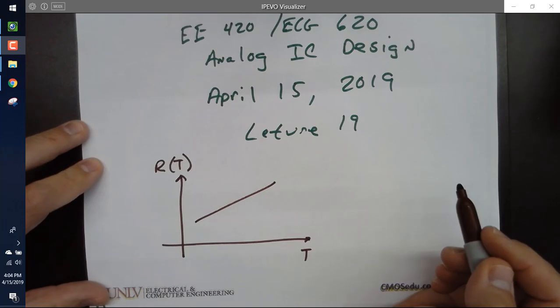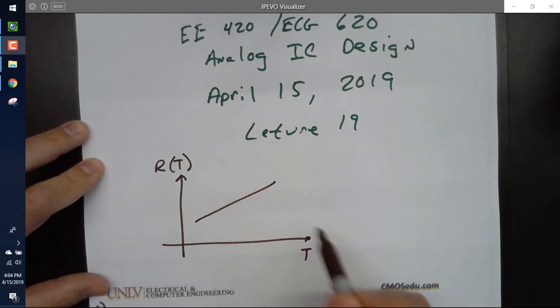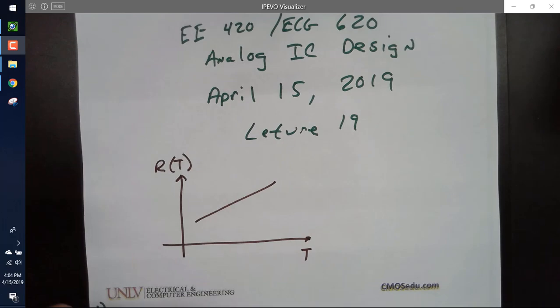And that's what's used when you use a resistor to sense temperature, what is that called? Thermistor, yeah.